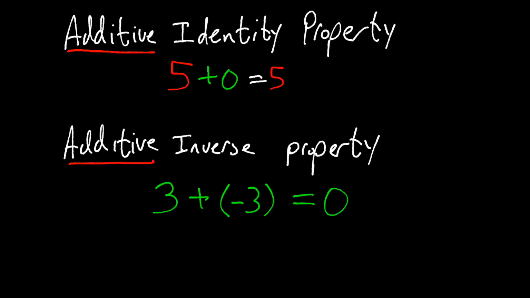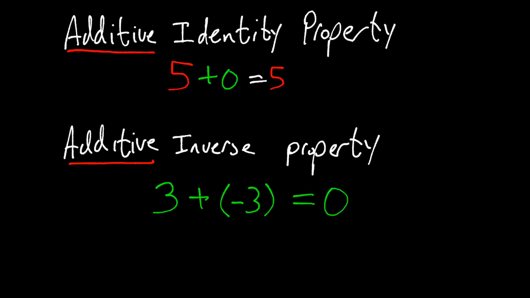And it works with any real number. You add its opposite, you get 0. So those are our first two properties here, the additive identity, where anything plus 0 gives you the original number, and the additive inverse property, where anything plus its opposite is 0.